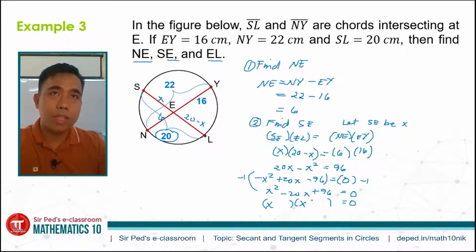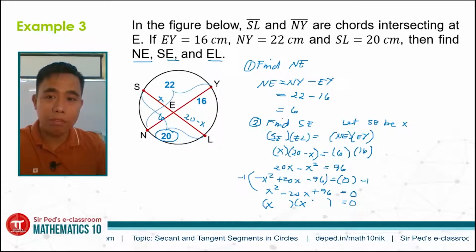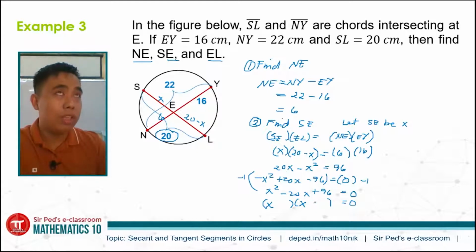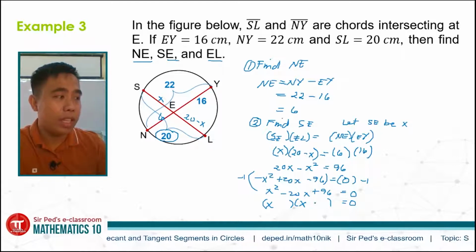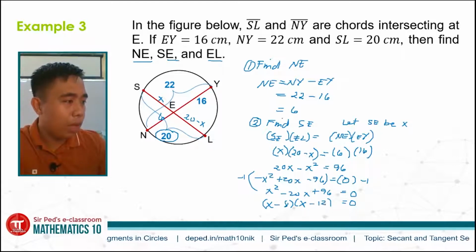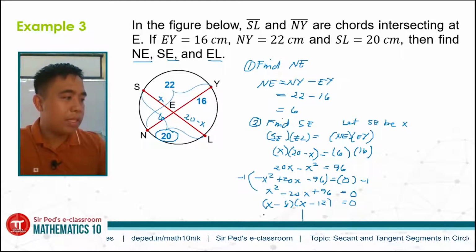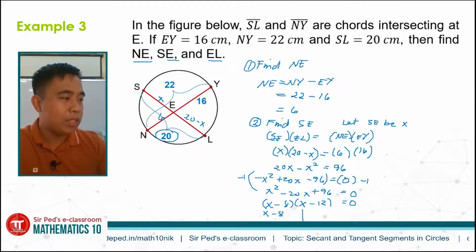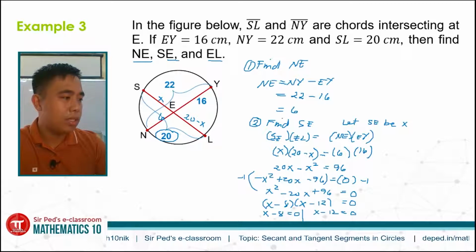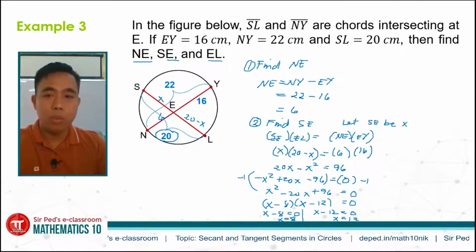So, that is negative 8 times negative 12. Tama ba? So, negative 8 plus negative 12, that is negative 20. Then, by zero product property, x minus 8 equals 0, and then x minus 12 equals 0. So, x equals 8, and x equals 12.